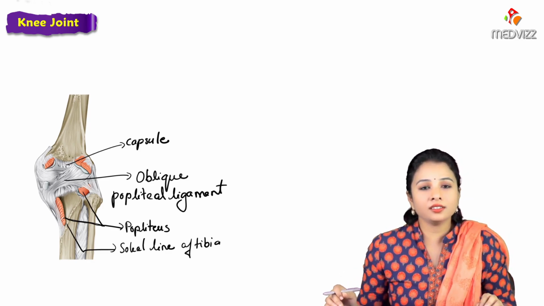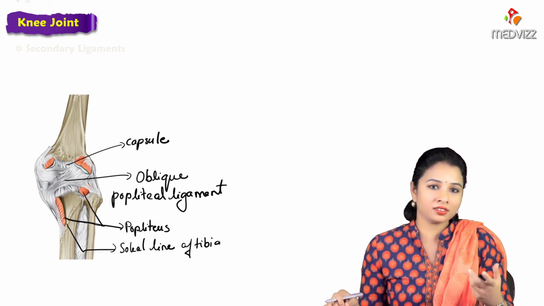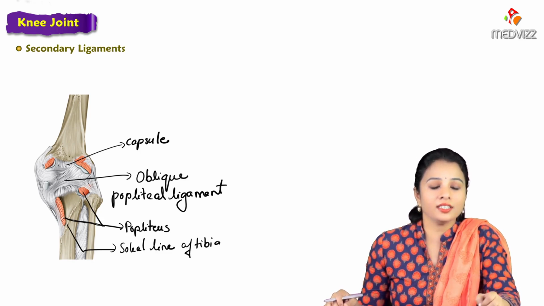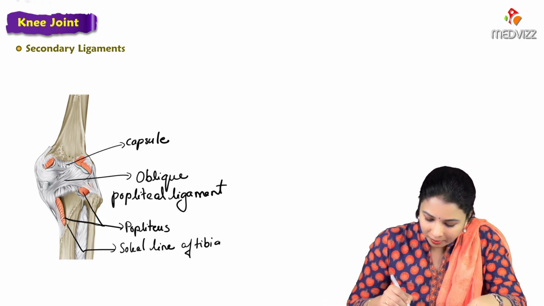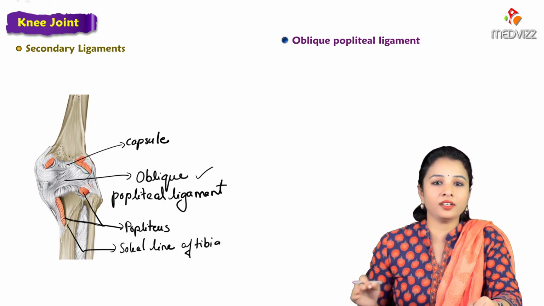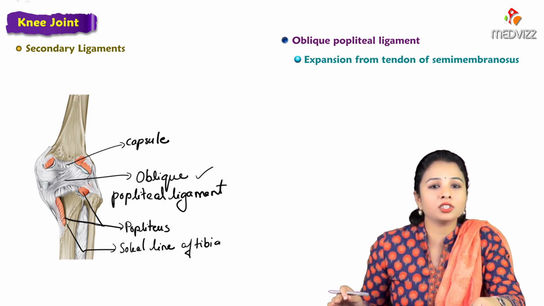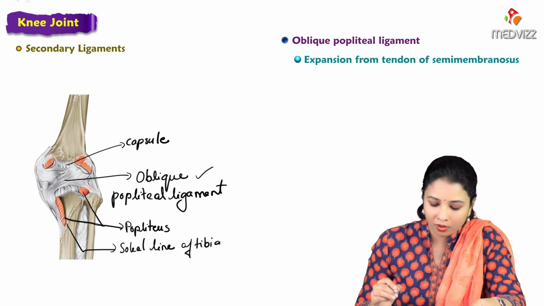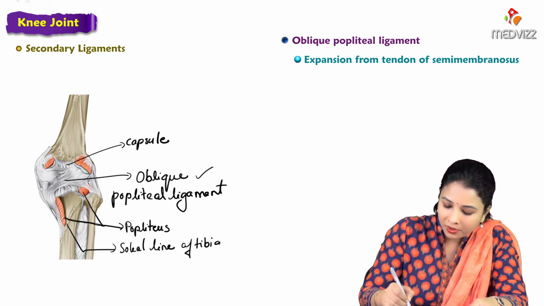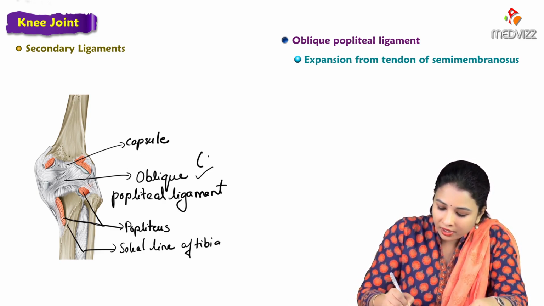So let's start discussing the secondary ligaments. The oblique popliteal ligament, which we already mentioned, is an expansion from the tendon of the semimembranosus muscle.